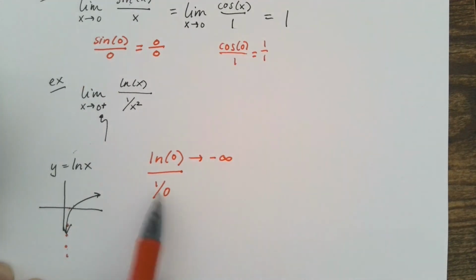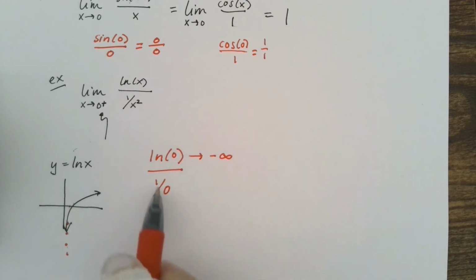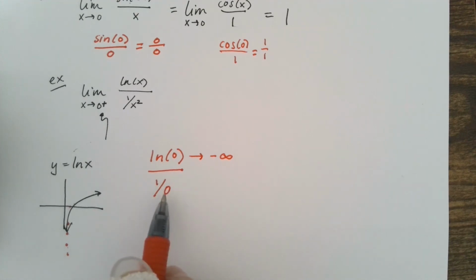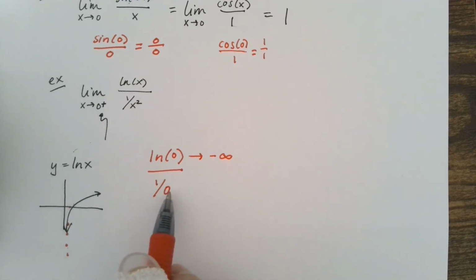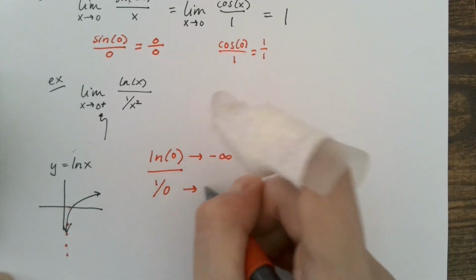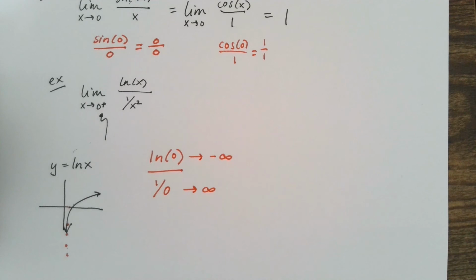And then 1 over 0, again, we can't actually compute that, so I'm doing the limit of 1 over x squared as x squared goes to 0, really. But this is 1 divided by tiny, tiny, tiny positive numbers, which is going to be a really big positive number. So this denominator goes to infinity.